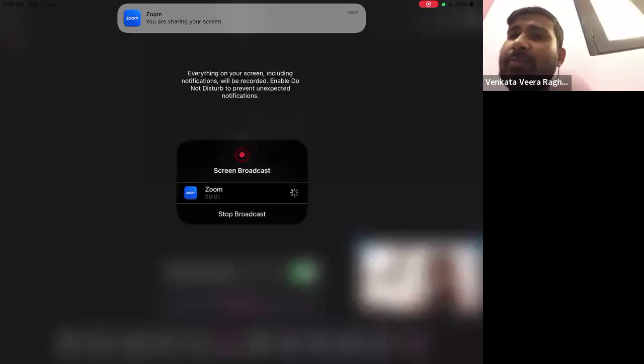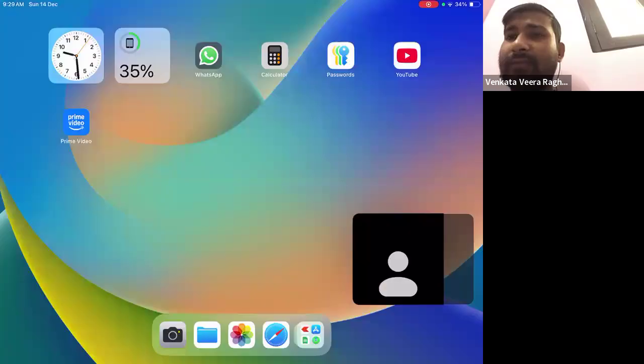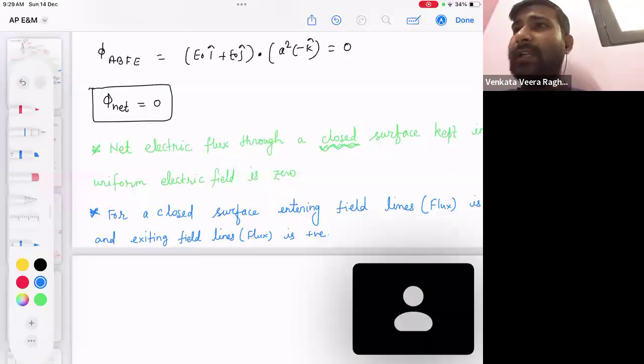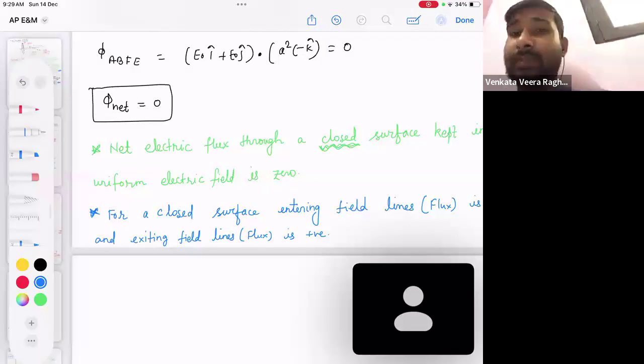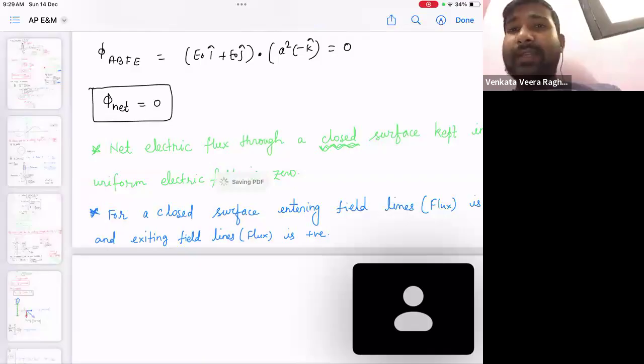Yes, sir. Clear. Okay, so let's continue. Do you understand these 2 points about the flux? What are the 2 points we have learned about the flux? That if we are calculating the flux through a closed surface and the electric field is uniform, then what will happen?